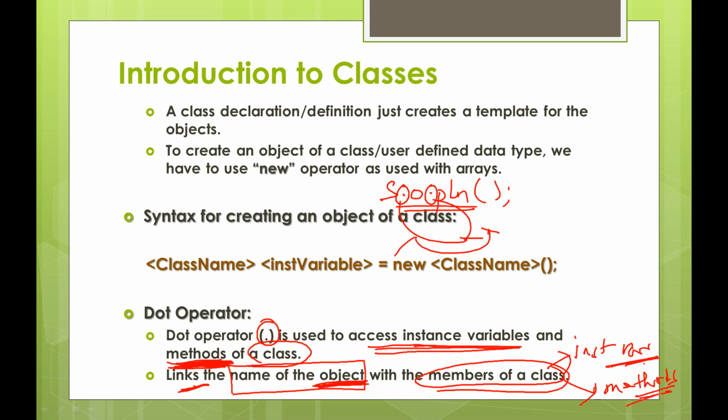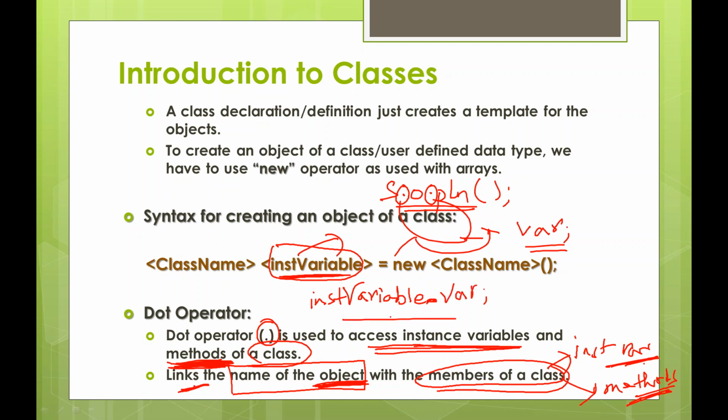Let us assume that this is an object. To access an instance variable var using this object, we write the object name, dot, var. This is how you can access this particular variable.